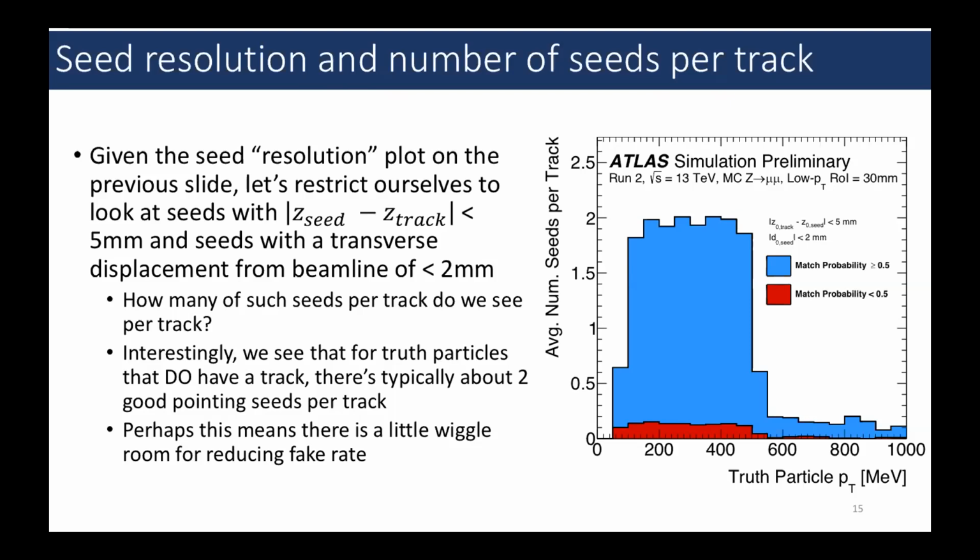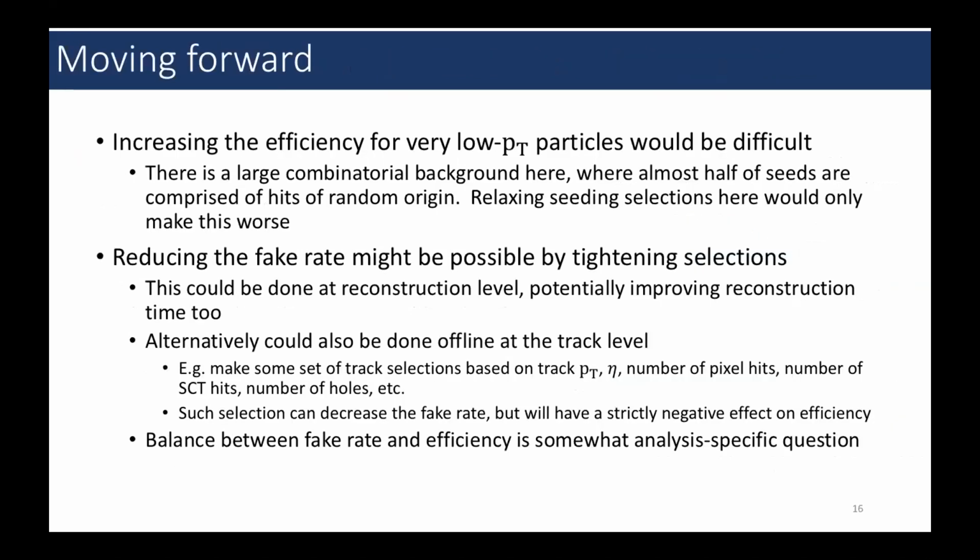Typically we see about 2 seeds per track, and this doesn't seem to have a very large PT dependence except for the very, very low PT bin of say 50 to 100. So given this, that we have about 2 seeds per track, maybe this means that there is a little wiggle room for reducing fake rate here. There's a little bit of redundancy in seeds per track, which is good.